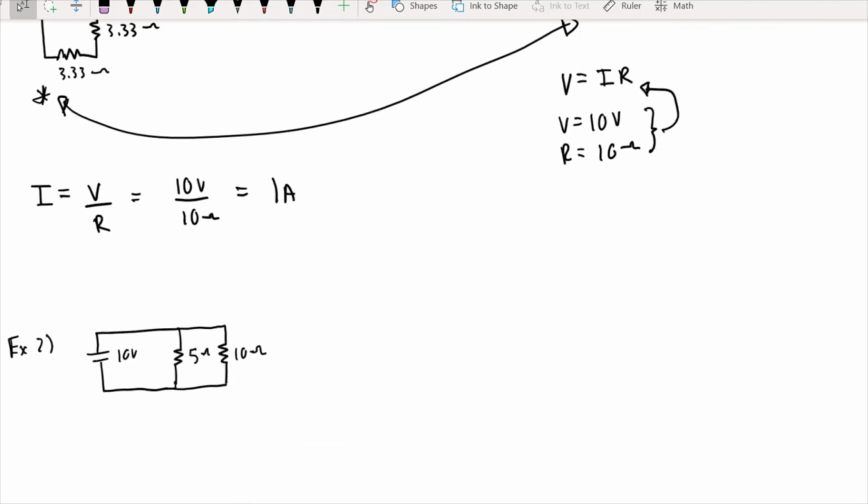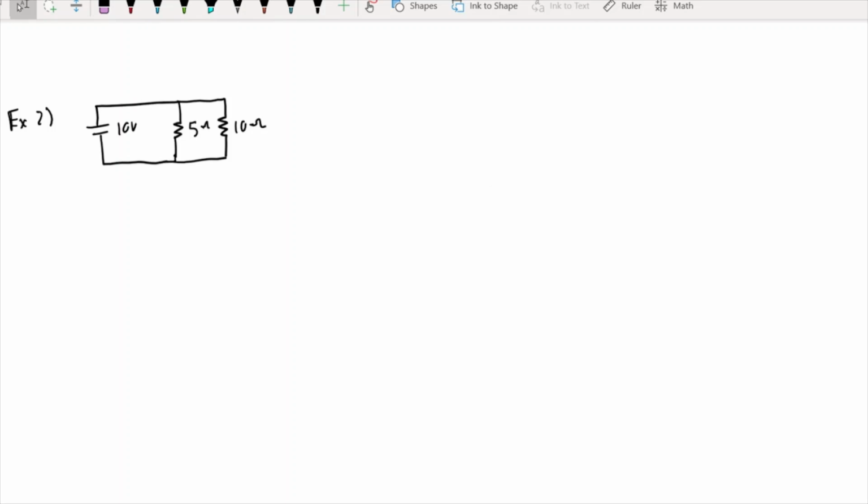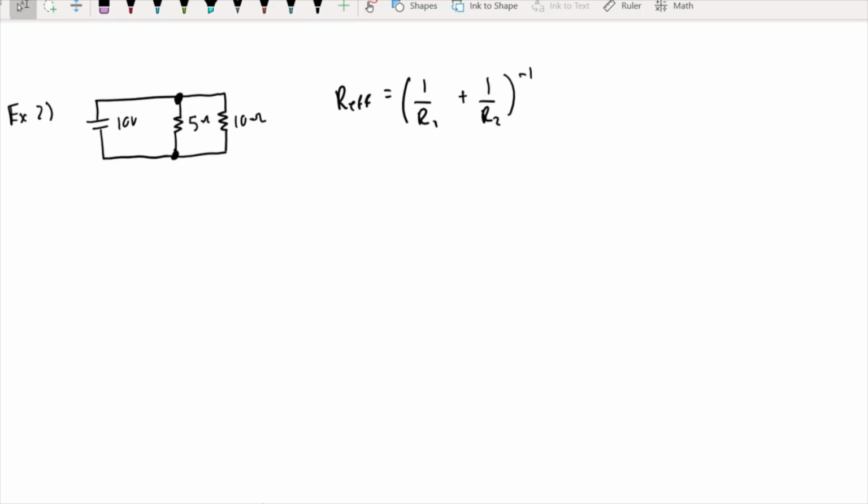Okay, let's move on to a parallel example, and then we'll move on to a slightly more complicated example after this. We can see that right here there's a current split, and it comes back right here. So we know that these two 5 and 10 ohm resistors are in parallel. Our equation for R effective is 1 over R1 plus 1 over R2, to the power of negative 1.